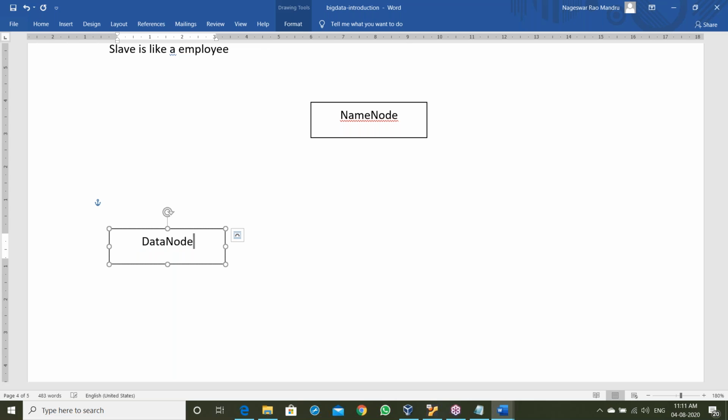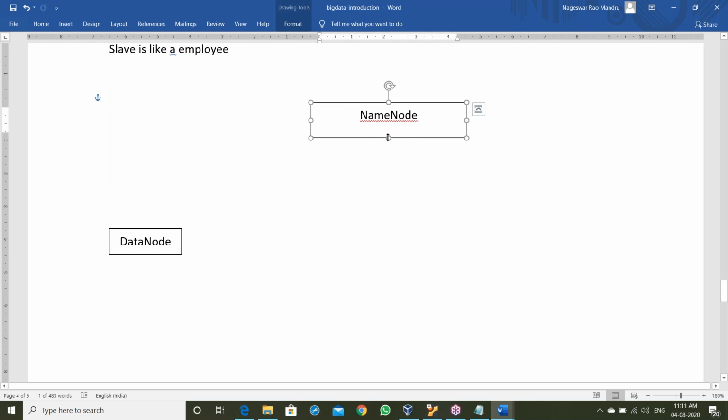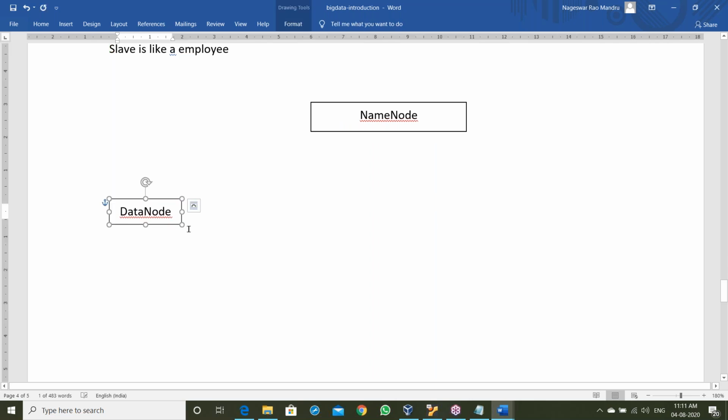A data node stores the actual data. So name nodes and data nodes. The name node is a centralized controller, the main component in a Hadoop cluster.